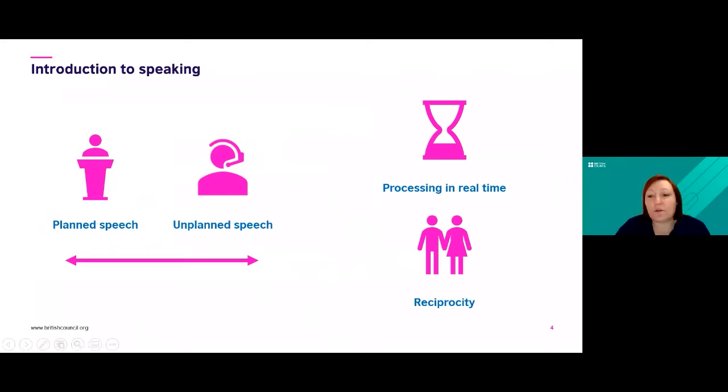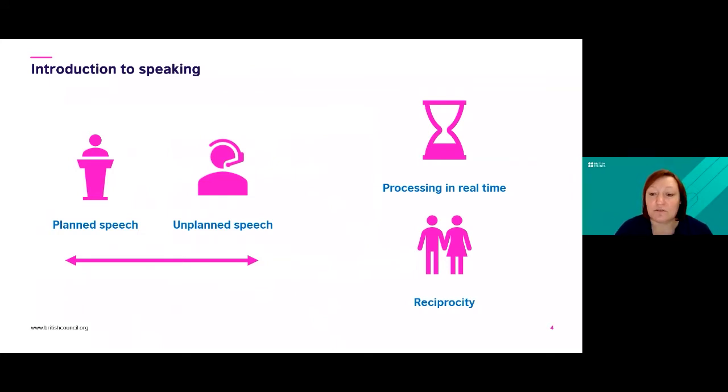And the last of these 3 really important aspects is reciprocity. Reciprocity basically means when there are 2 or more people in the game. At the moment, I'm just talking on my own, but later on, my colleagues will be looking at questions, and they'll be feeding me some of the questions that you hopefully will write during this presentation, and we'll be having a little bit of a discussion, hopefully, and that will be this interactiveness, this reciprocity.